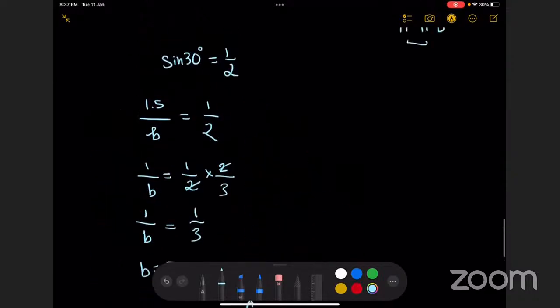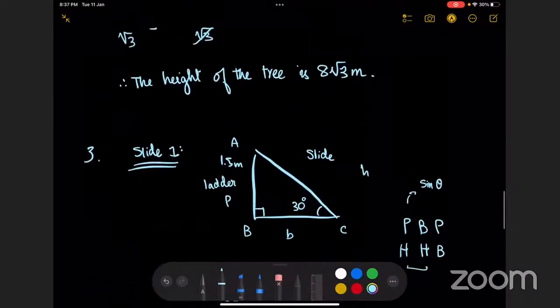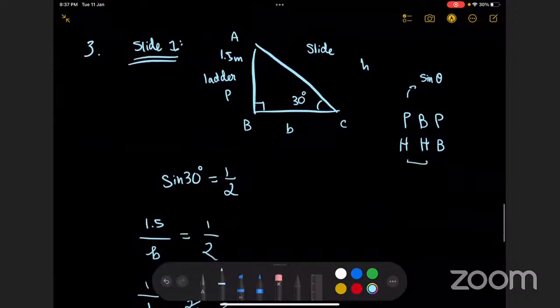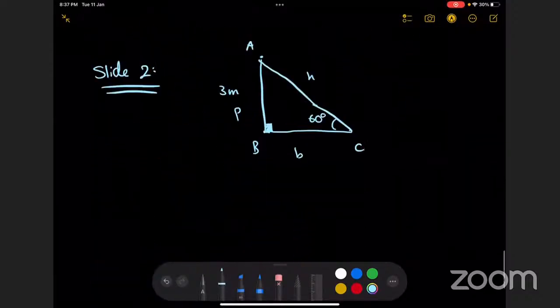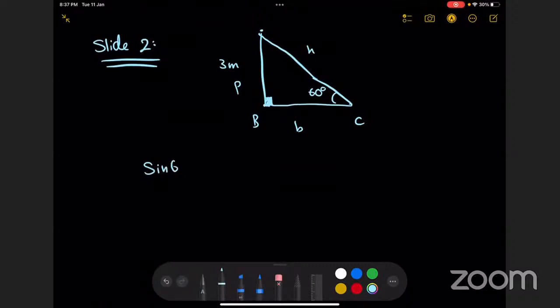So again, we will use sine, which is perpendicular upon hypotenuse, p by h. We'll be using sine 60, and we know that sine 60 is root 3 by 2.